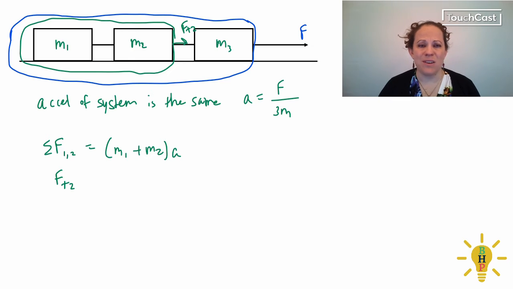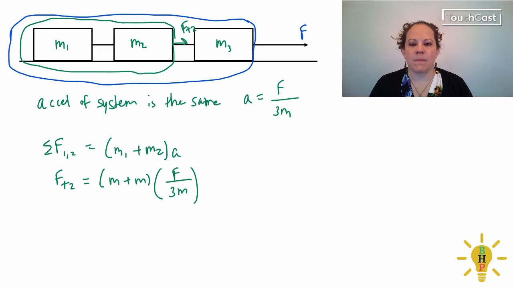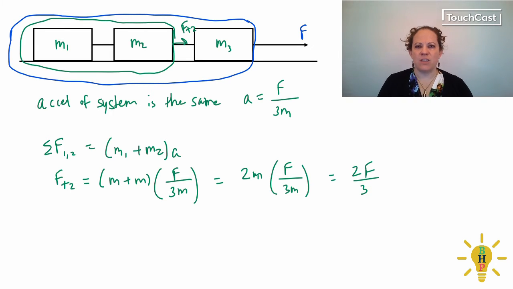Again, tension 2 doesn't know, is it pulling two individual objects, each of mass M, or is it pulling one big object of mass 2M? So we can actually exploit that. All right, and so the M's cancel, and I'm going to get 2/3 F is the tension.